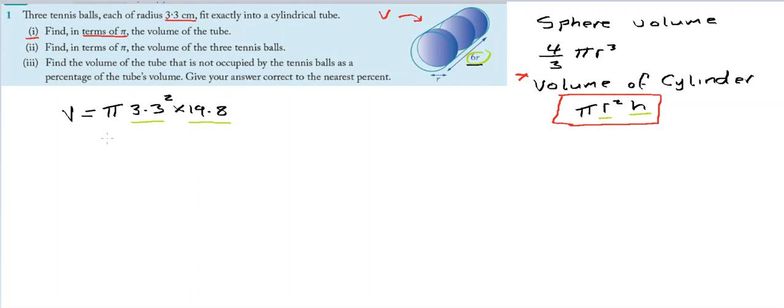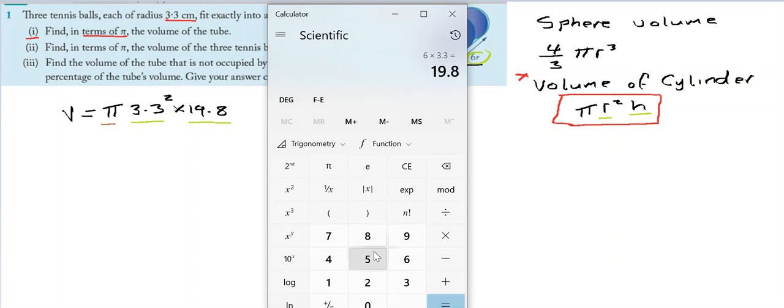So then we want to work this out, and we want to retain pi, because what it tells us to do here is find in terms of pi. So you need to keep pi. The volume then is going to be equal to, so 3.3 squared, let's work that one out. 3.3 squared is 10.89.